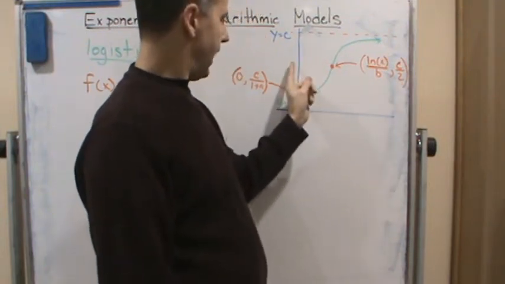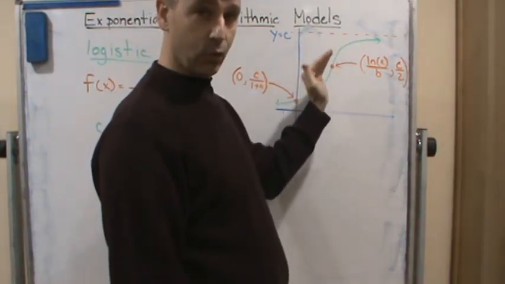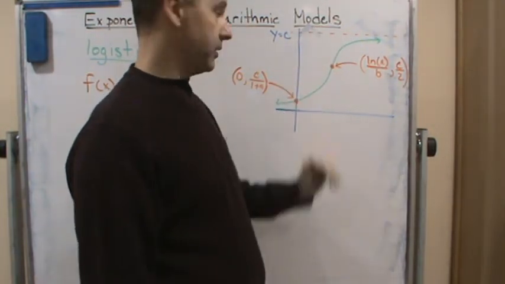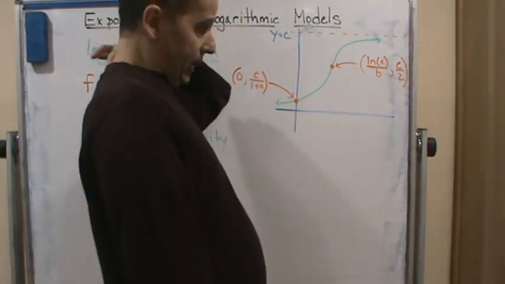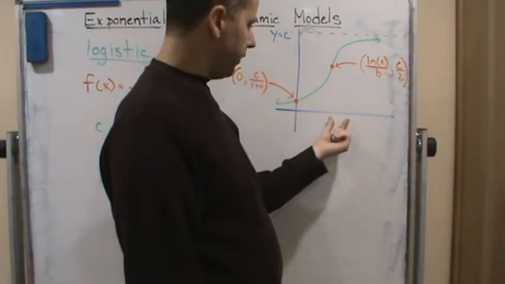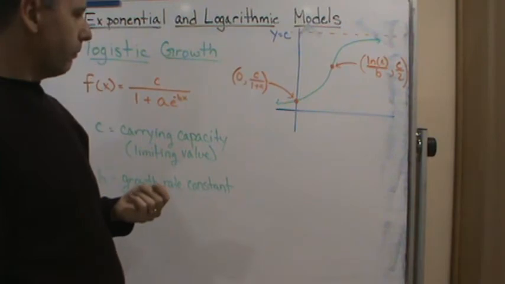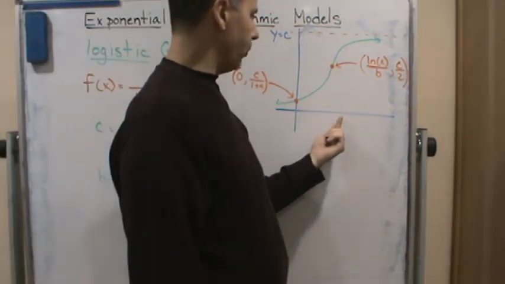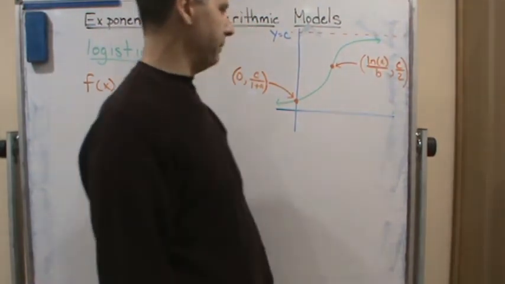So when you reach the halfway point of the capacity, that's when the growth rate starts to decrease. Okay, and the value of X, the time, if you will, where that happens is going to be located at the natural log of A divided by B.